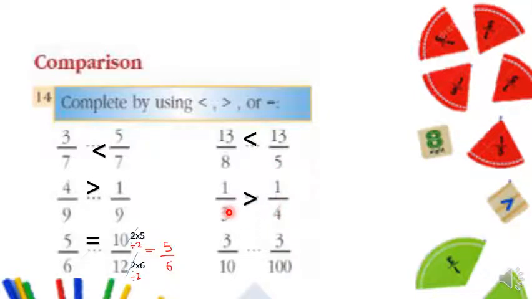So it's the greatest fraction. Similarly here, they have the same numerators. So who's greater? 3 over 10 or 3 over 100? Of course, it's 3 over 10. When having the same numerator, the fraction with the smaller denominator is the greater.